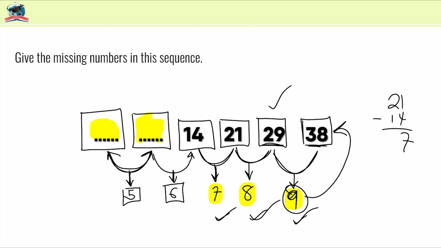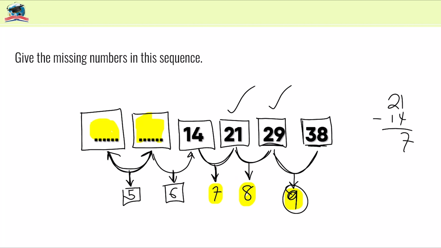If we take 8 out of 29, we're going to get 21. Beautiful. Now, if we take 7 out of 21, we're going to get 14.